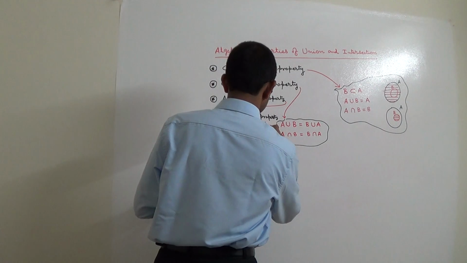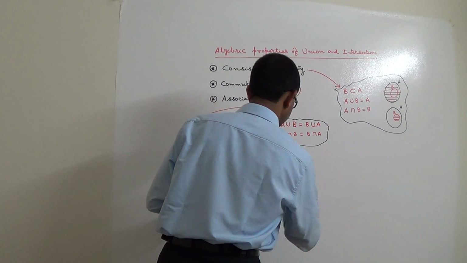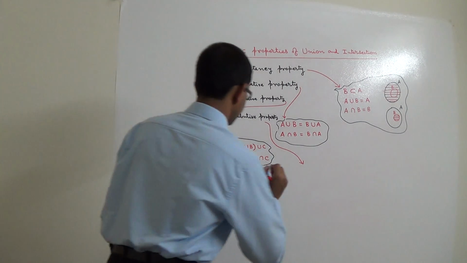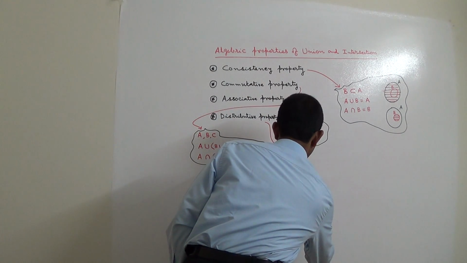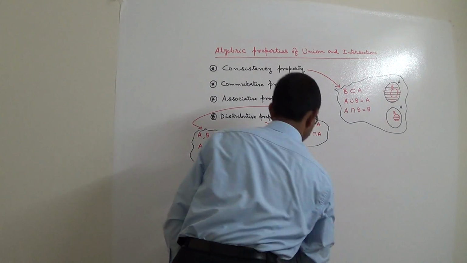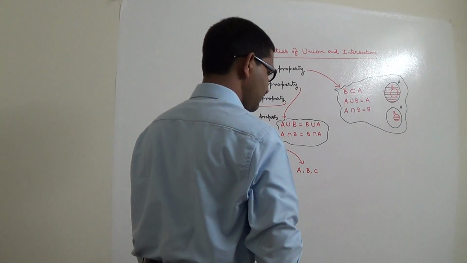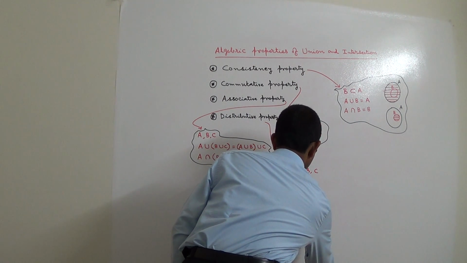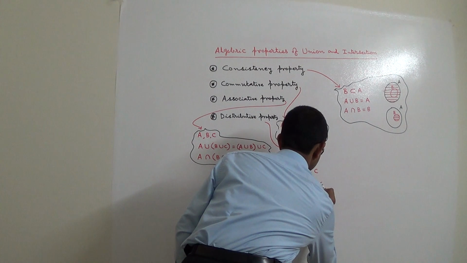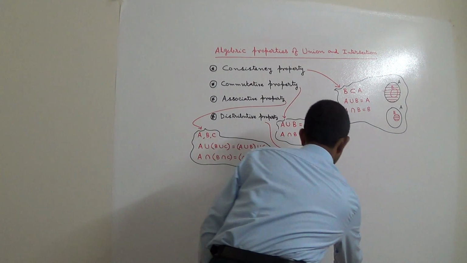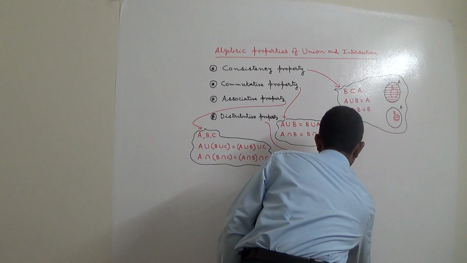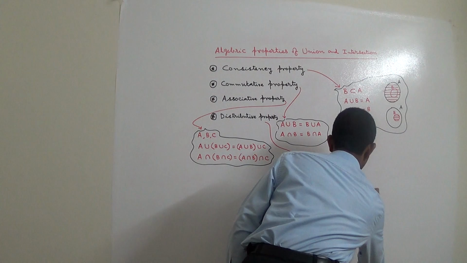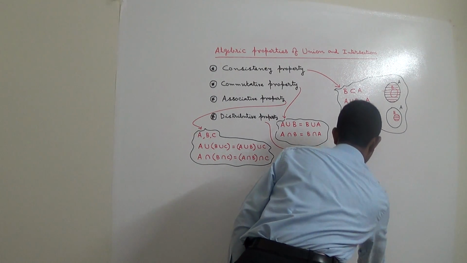Like the associative property, here also we need three sets, A, B and C. The distributive property tells that A union (B intersection C) is equal to (A union B) intersection (A union C).